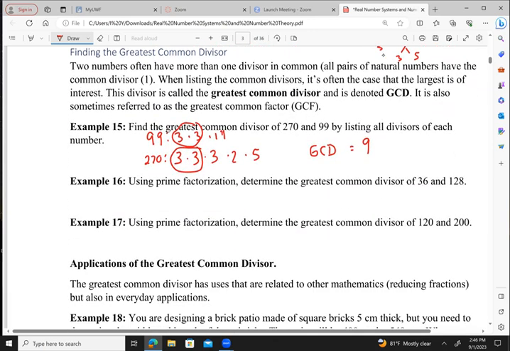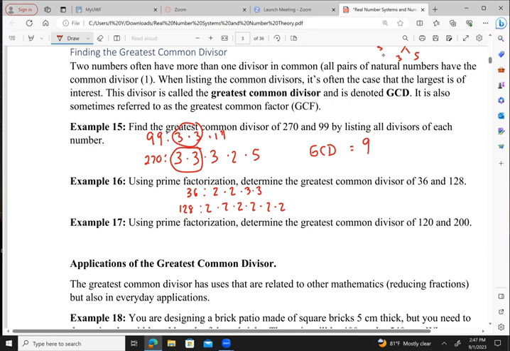Using prime factorization, determine the greatest common divisor of 36 and 128. I have 36, which is 2 times 18, which is 2 times 9, which is 3 times 3. 128, we have 2 times 64, 2 times 32, 2 times 16, 2 times 8, 2 times 4, 2 times 2.